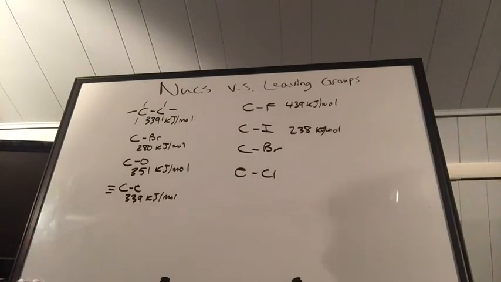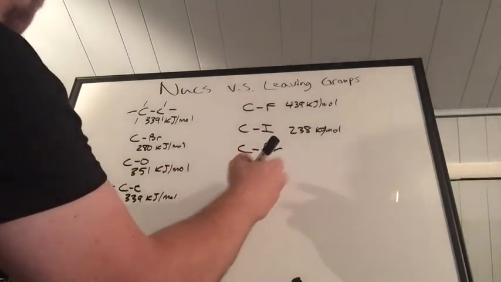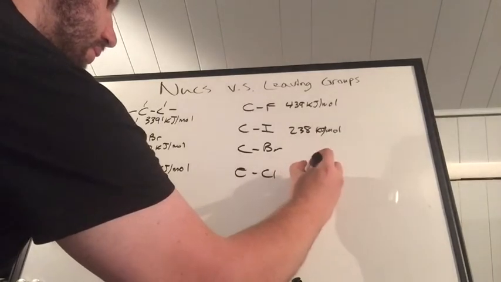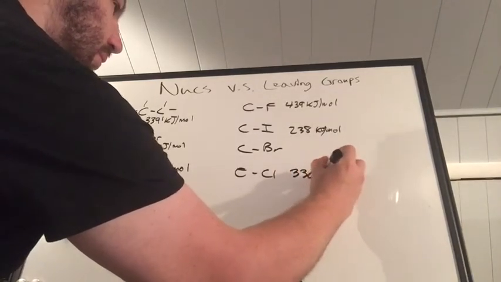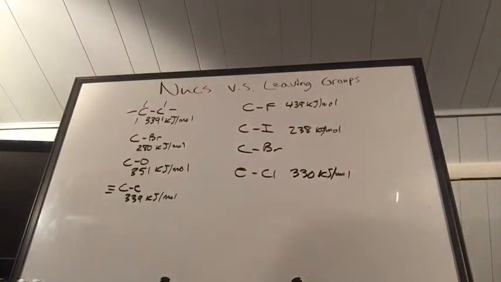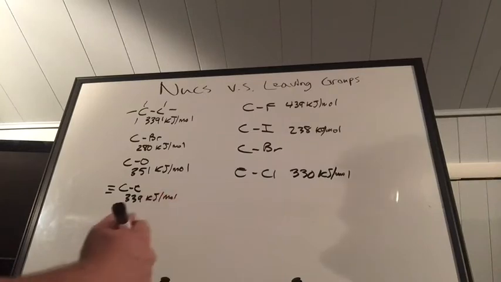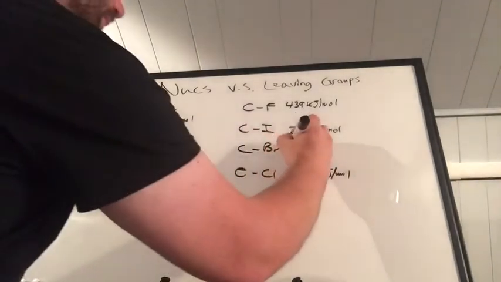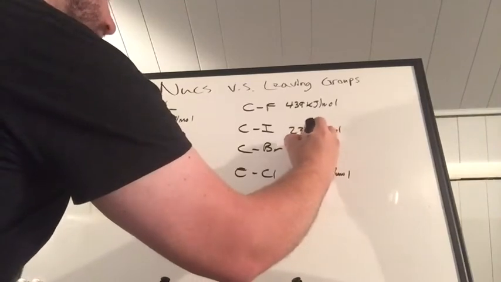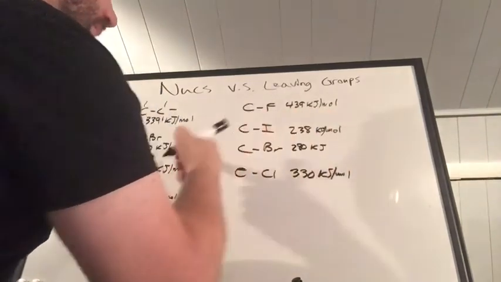Okay, so C-Cl is going to be 330 kilojoules, so somewhere in the middle between those. And then C-Br, which is going to be slightly lower at 280, like back over here.